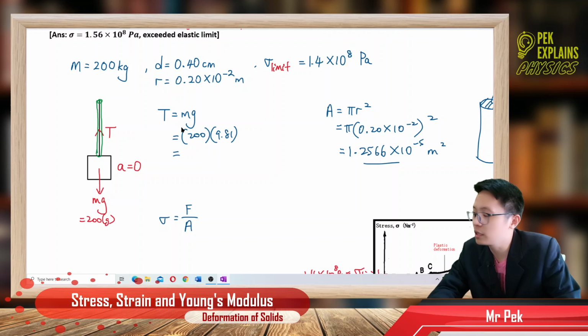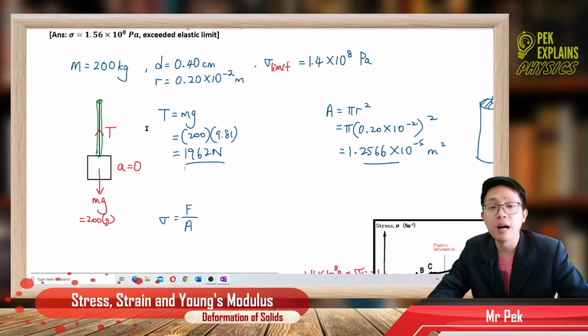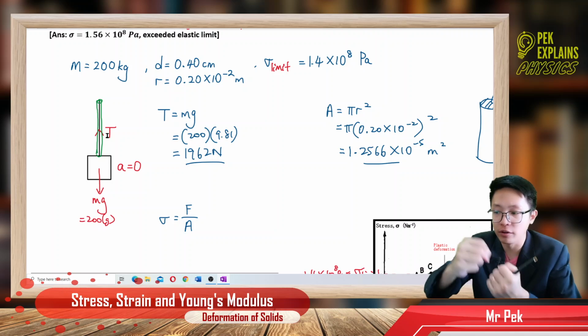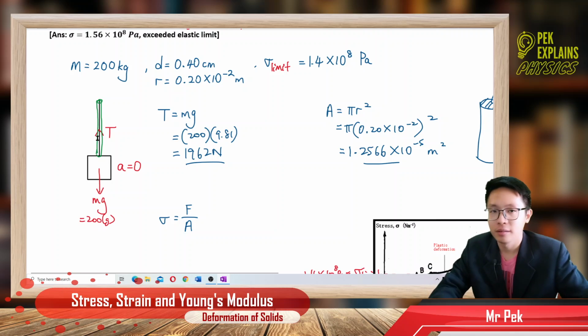The tension in the wire is 1962 Newton. Now we have found the tension inside the rod. This tension is pulling on the rod, or expanding the rod.